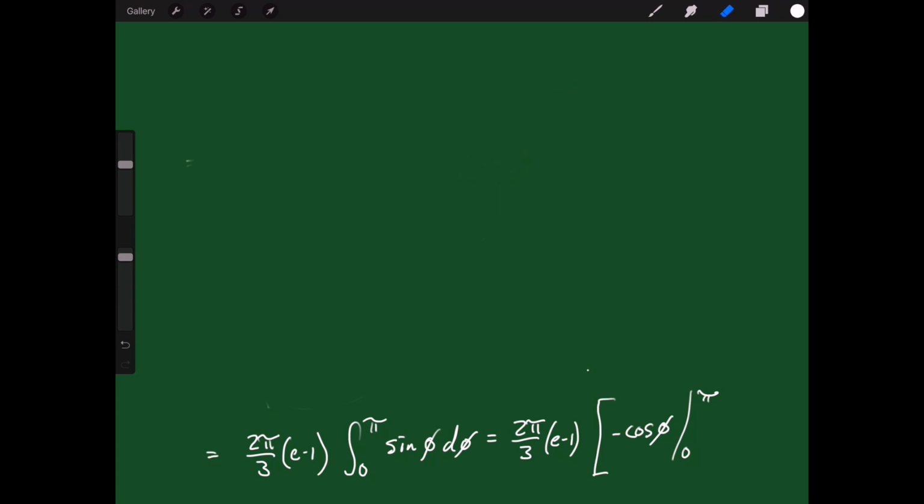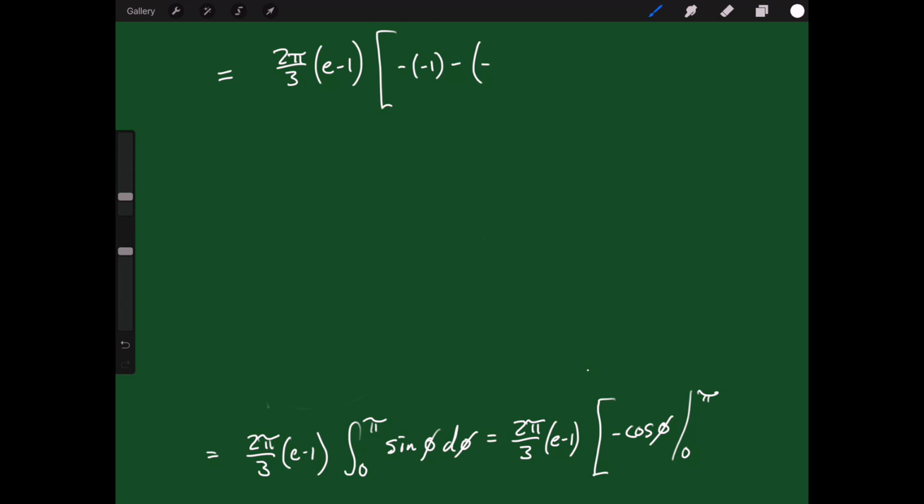So, finishing this off, this is equal to 2 pi over 3 times e minus 1. If I plug in the pi, I get negative cosine of pi. But cosine of pi is negative 1. So I get minus minus 1. Minus, and then I plug in the 0, I get minus cosine of 0.